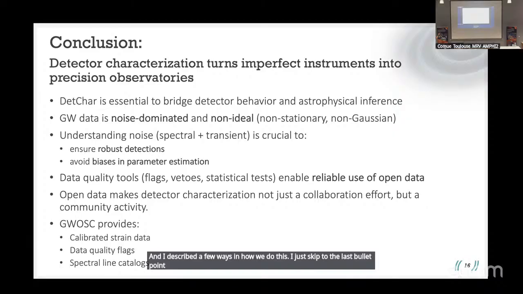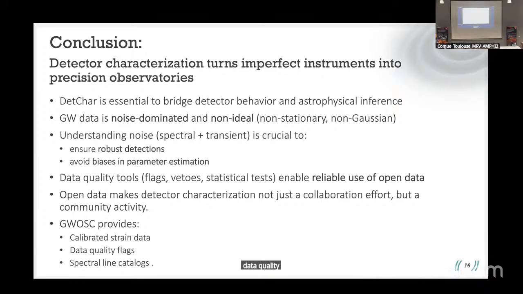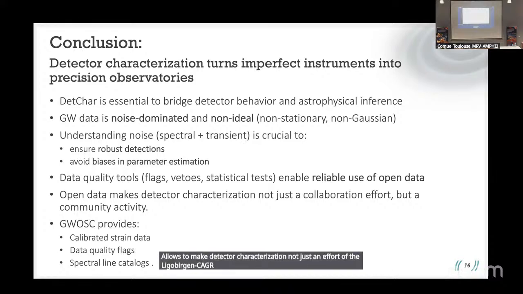In the previous slide, I made several references to the data quality flags available on GWOSC, either Cat1 flags or the line catalogs. And this allows us to make detector characterization not just an effort of the LIGO, Virgo and KAGRA collaboration, but a community effort.